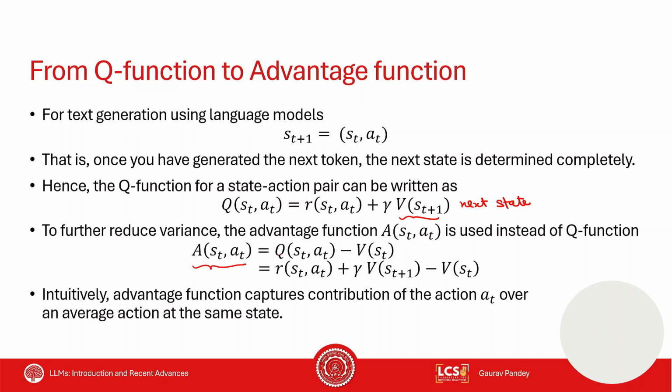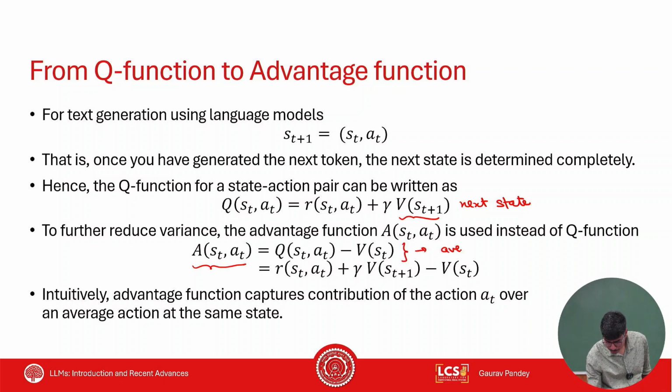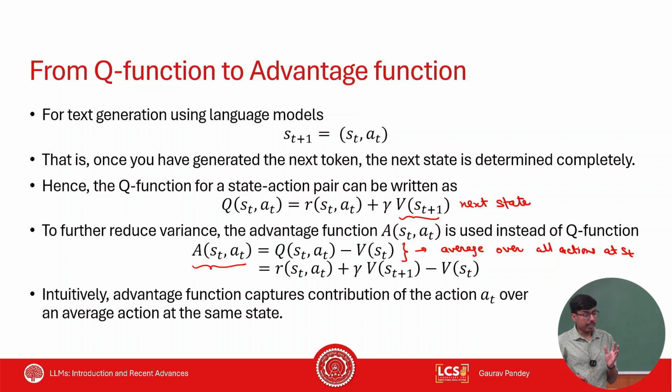What you want is the contribution of this specific action AT at time t. The value function removes the average contribution of any action you could have taken at that particular point, so it's an average over all actions at st. By subtracting the value function, you are saying: given that I have reached st, if I take an average action, what is the reward I will end up getting, compared to if I take action AT, what is the cumulative reward I will end up getting.